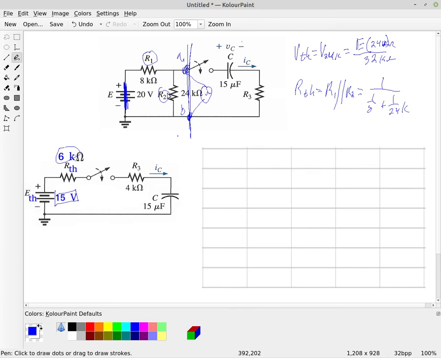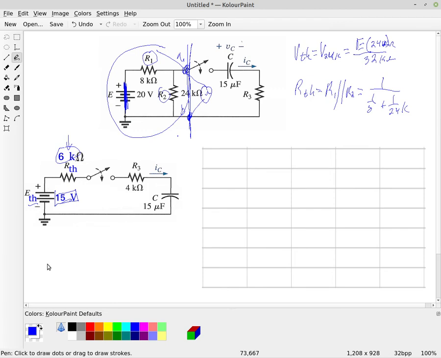So if we replace this section of the circuit here with the Thevenin equivalent, that gives us the E Thevenin voltage source of 15 volts with an R Thevenin resistance of 6 kilo ohms.